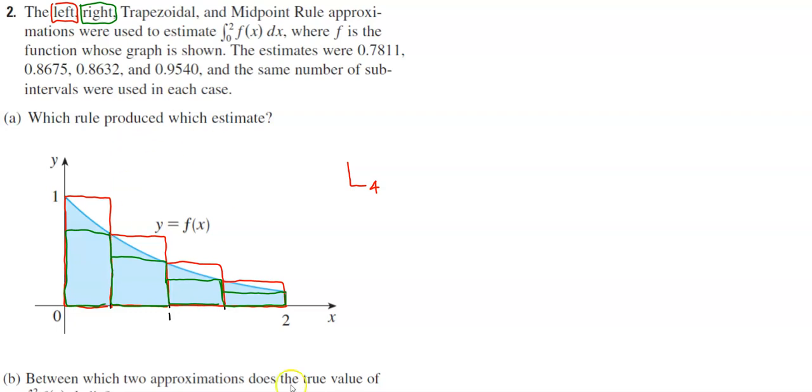As you can see here, the right is going to underestimate. So that looks like it could be the smallest of the particular approximations. I'm going to put this all the way over here and call this R4 on this side.